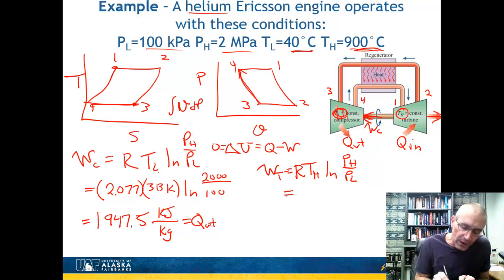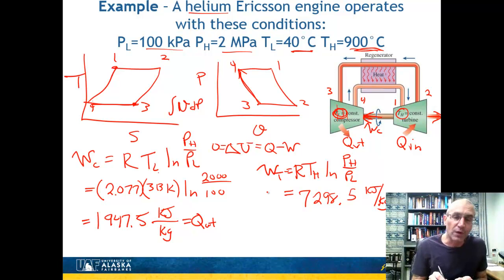If I put in that number, I get a different value, which is 7298.5, and that's in kilojoules per kilogram. So that's the work of the turbine. And with a similar argument, that is equal to Q in, the heat that enters the system.